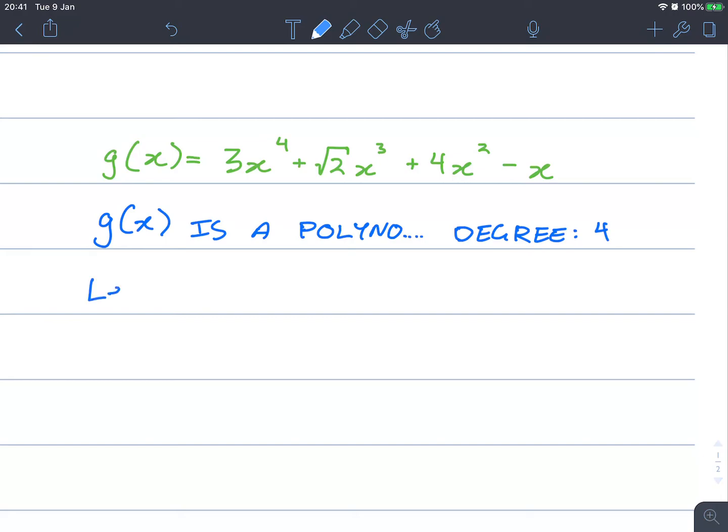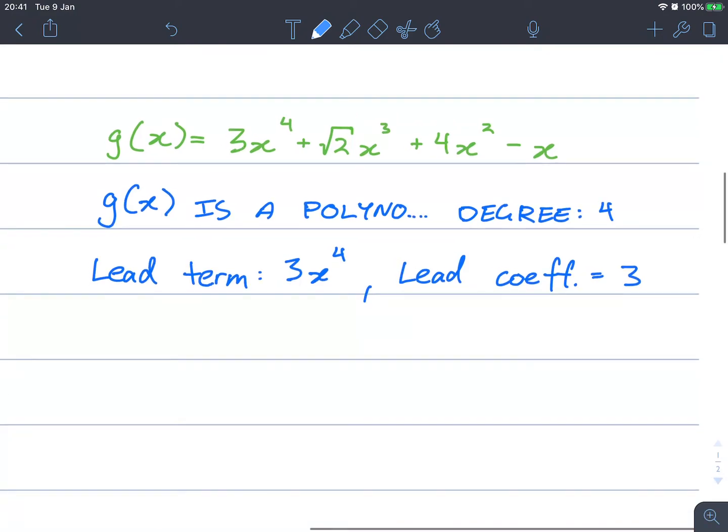The lead term is 3x to the power of 4, and the lead coefficient is just the coefficient of the lead term, so it's 3. This has a constant of, well, there's no constant here. So you can think of this as a constant of 0.